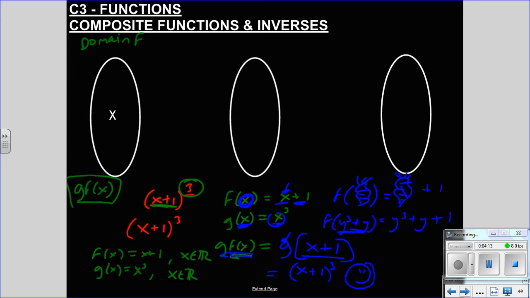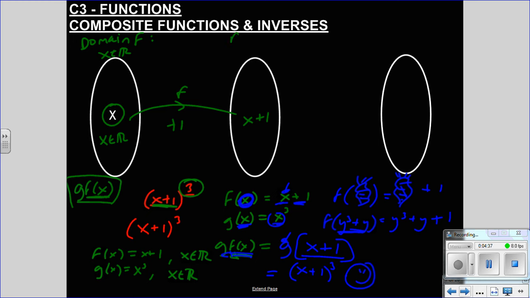Starting with the domain of f, because remember we always work inside out, f's domain is our x values, which is all the reals, okay? So the domain of f is x is all the reals. f takes all those values and adds 1 to them. So in here I get my x plus 1.